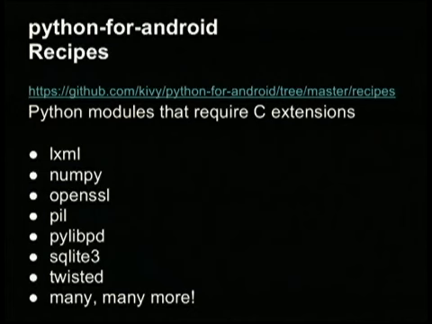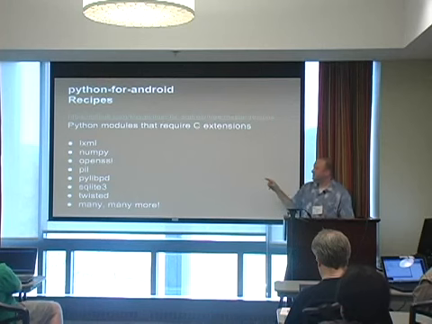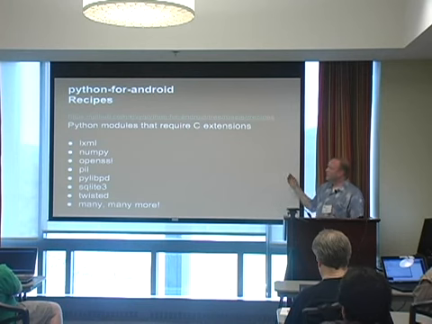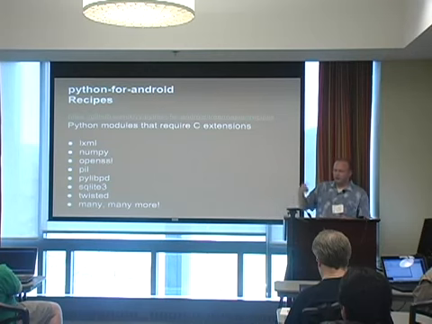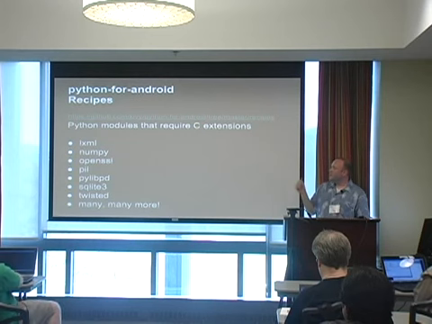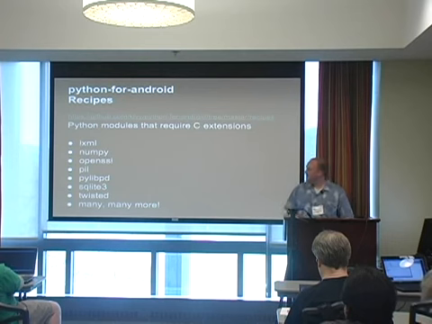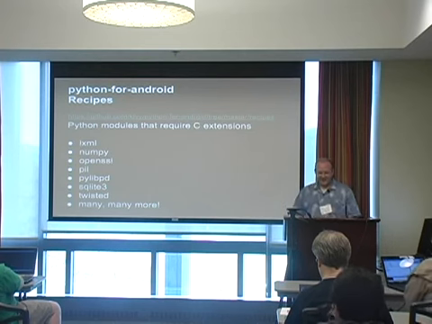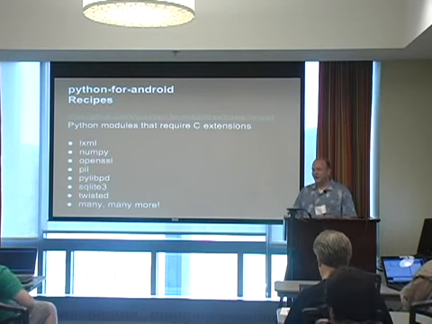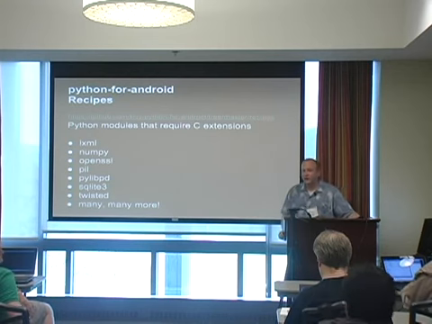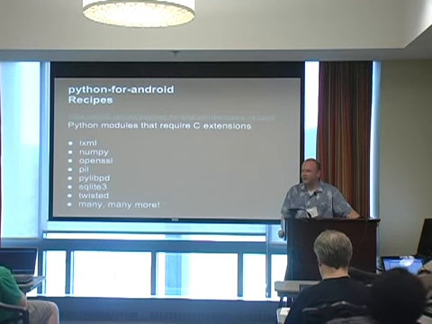Things like lxml, NumPy, OpenSSL, PIL, all these things that have C extensions, they've created a recipe that will download that code, compile it for you, and include it. If there's a recipe that you need that doesn't exist, you have to write it, and it can be kind of fun. If we have time at the end, I'll show you a recipe. I worked on a recipe. I didn't actually write the whole thing, but I fixed it up for PD, which is a sound library.